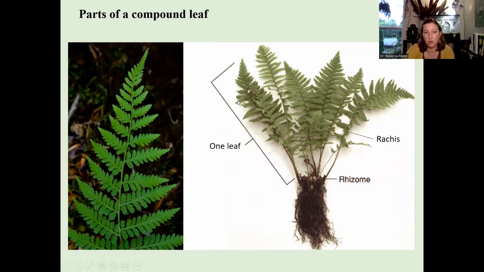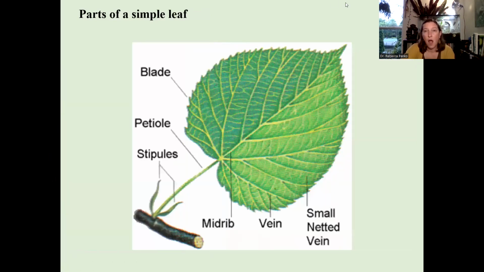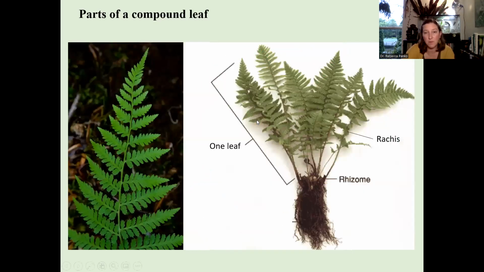One thing I should point out that's a little different: on the simple leaf, the central vein was called a midrib, right? But on a compound leaf, we don't call it a midrib anymore because it's kind of complicated. So instead, on a compound leaf, we call the midrib a rachis.